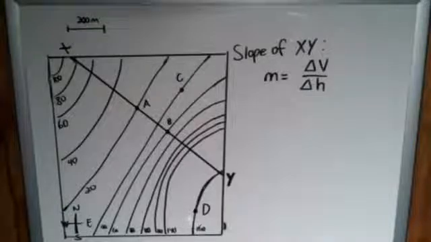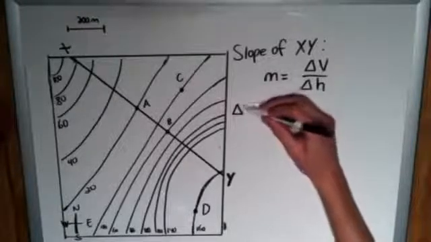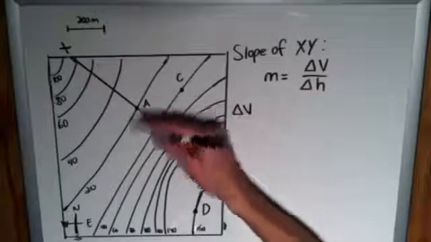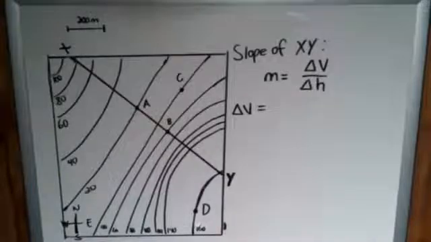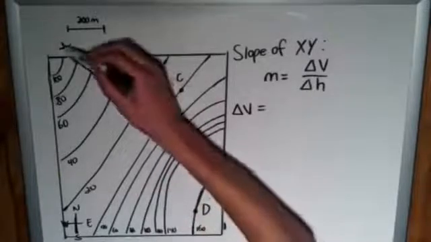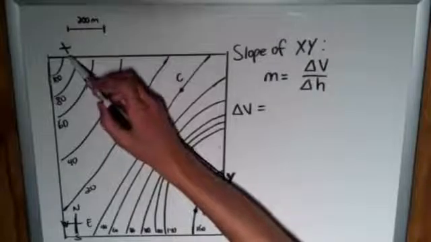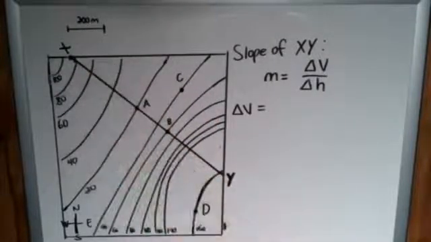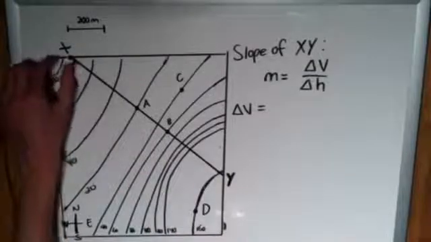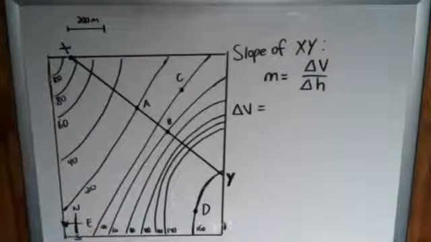Okay, given that equation, we can jump right in and start with the easier one that we can get just by reading this map on its own, which is delta v. We have x and y, and x appears to be somewhere between the 80 and 100 contour line. In fact, it appears to be halfway between the two in terms of distance.